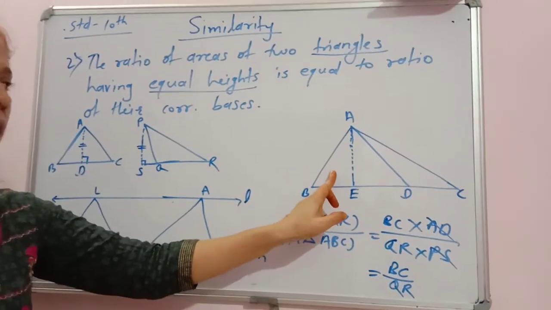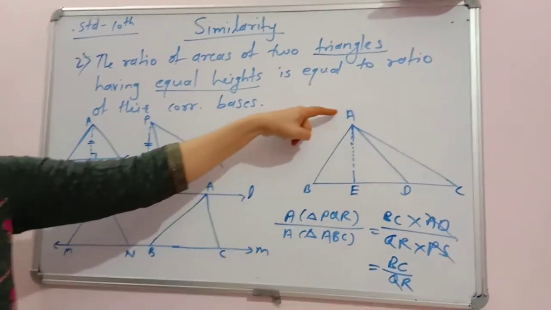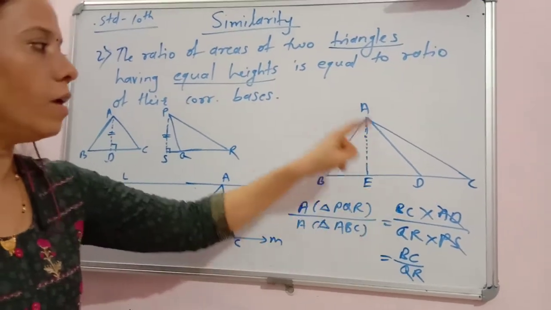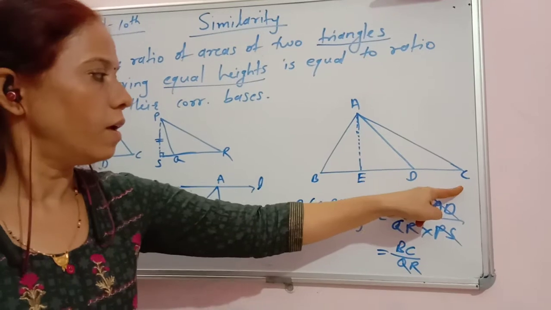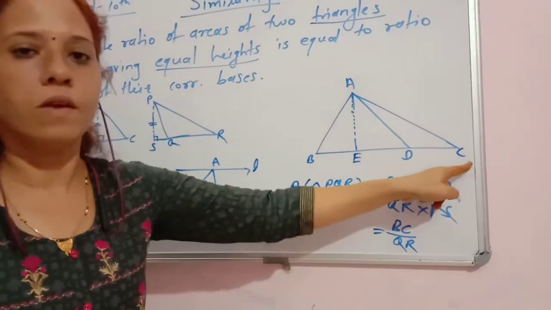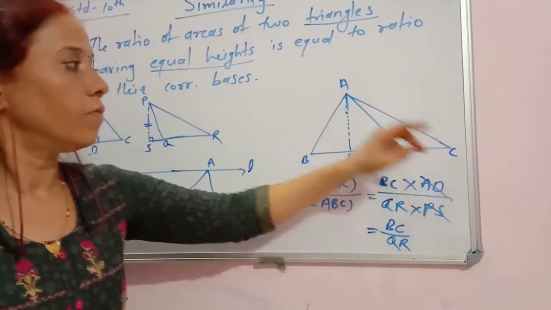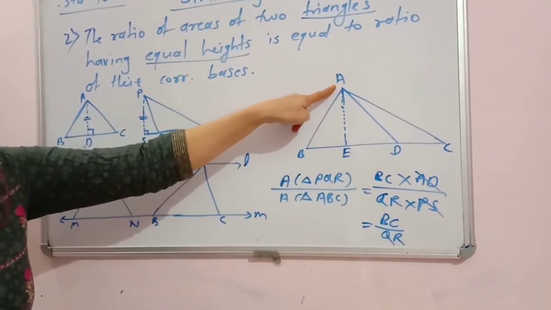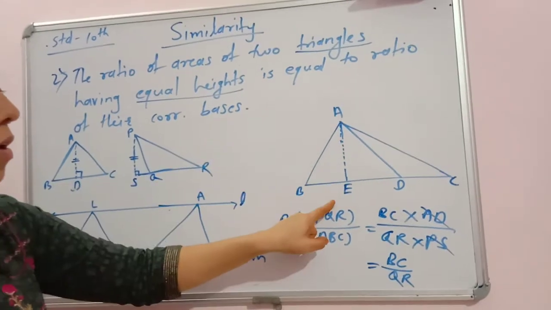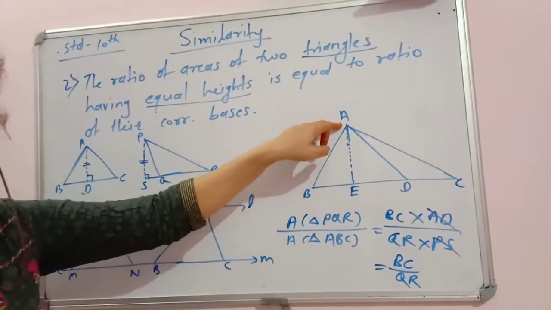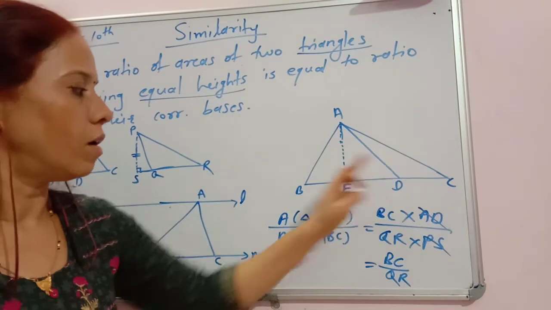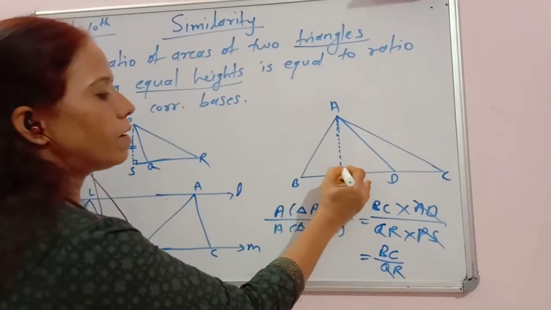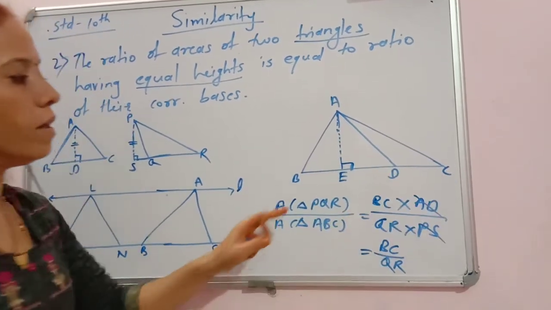The third figure I have drawn here, actually three triangles we can see here: triangle ABD, triangle ABC, and triangle ADC. These are the three triangles which have a common vertex A. So if I draw a perpendicular from this common vertex on base BC of the bigger triangle, that will be the height of triangle ABC.